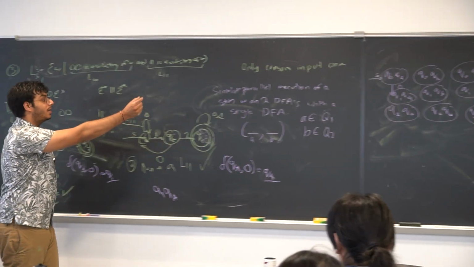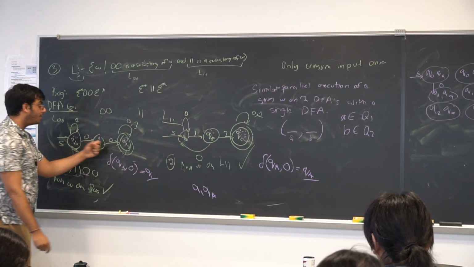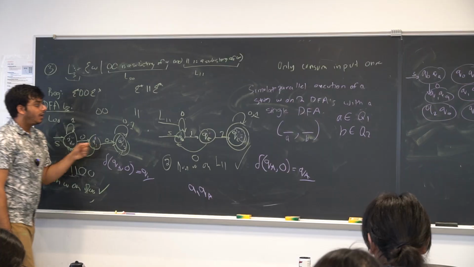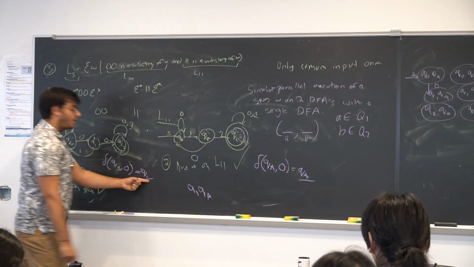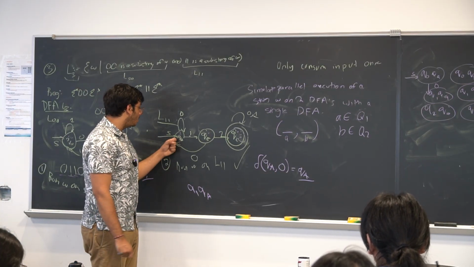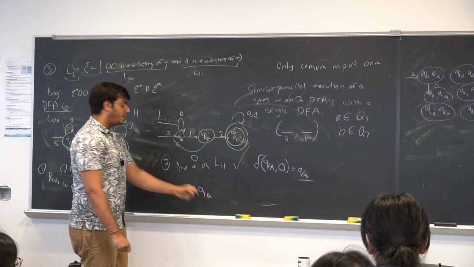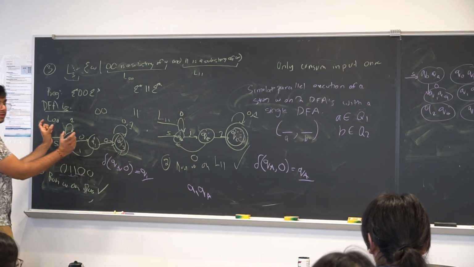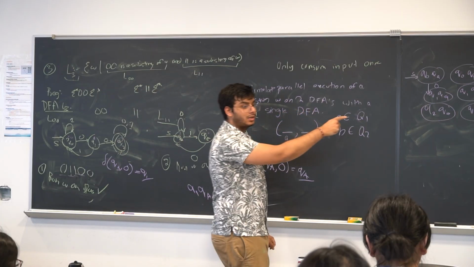I take the next character 0, simulate it on machine 1, see where I end up. In this case, I ended up in Q1. I take the same character, simulate it on machine 2, see that I end up in QA, concatenate both of the results, and that's where I go next.